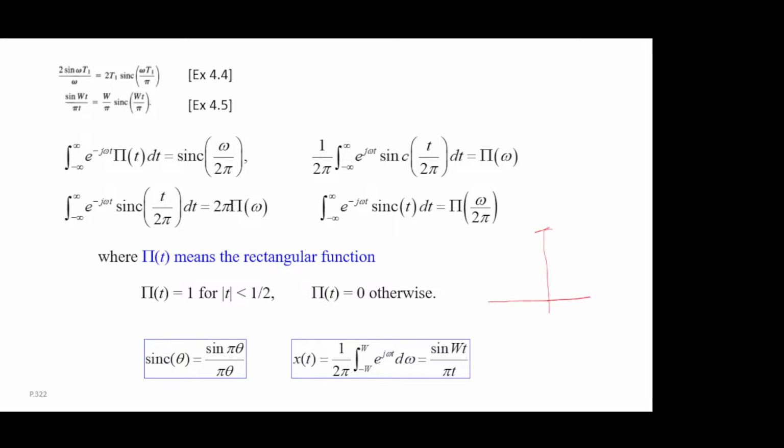So it's just a square wave from -1/2 to +1/2, with width 1 and height 1. So it's 1 here, between -1/2 and +1/2, and we call it pi of t. Obviously, this t can be switched to another variable. It can become omega also. Anyway, this is our square wave function.